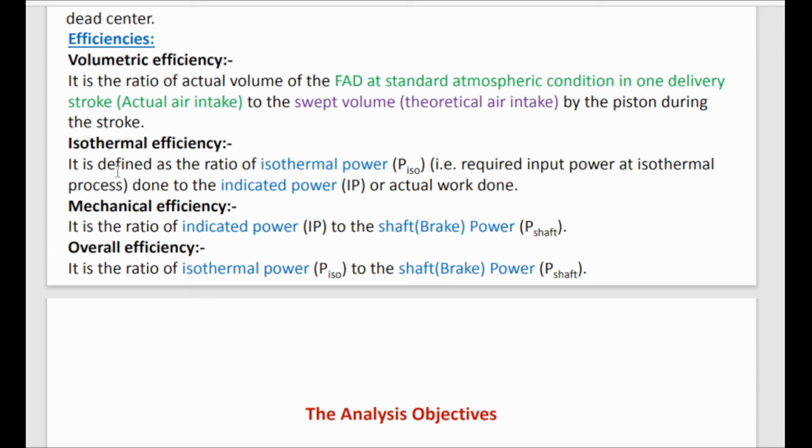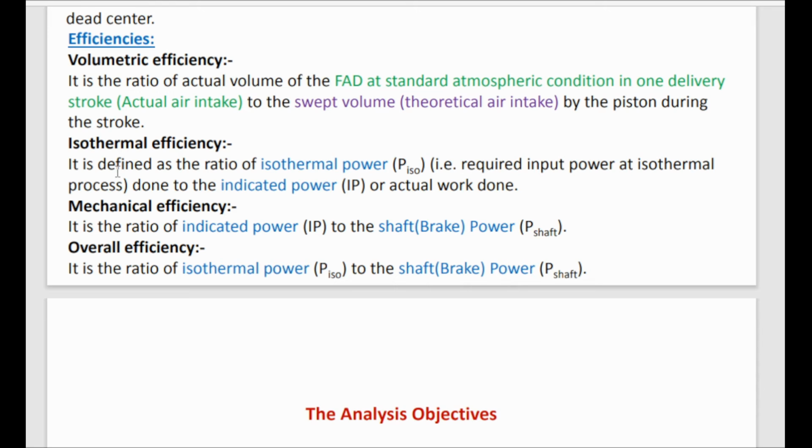We will see what volumetric efficiency is. It is the ratio of the actual volume of the free air delivered at standard atmospheric condition in one delivery stroke to the swept volume by the piston during the stroke. So when the cylinder is sucking in the air, theoretically the volume of air that is coming into the cylinder should be the swept volume.